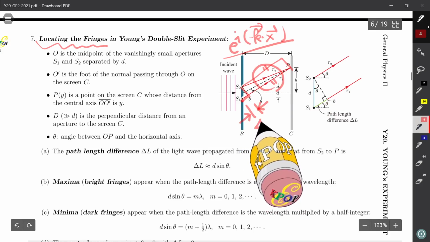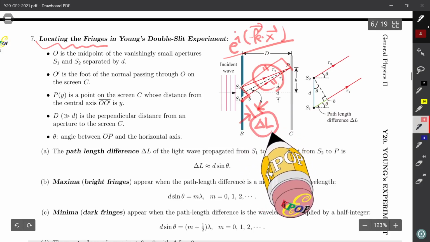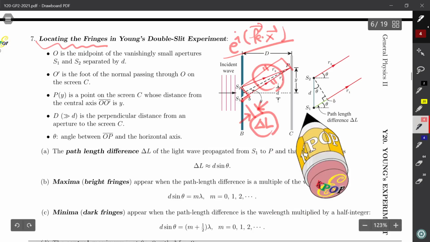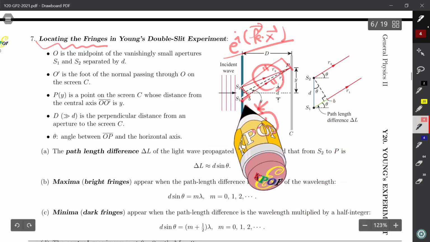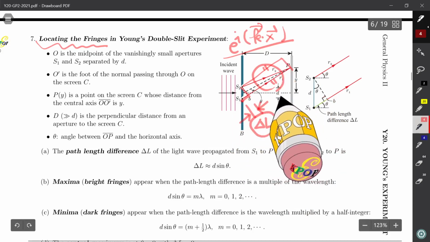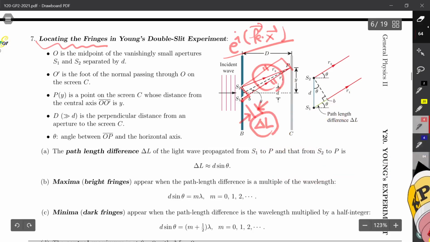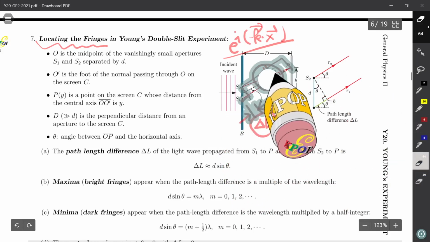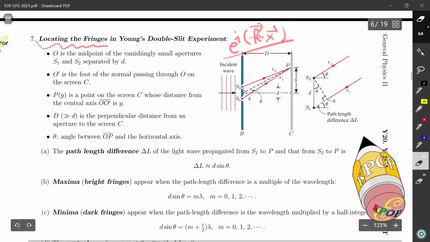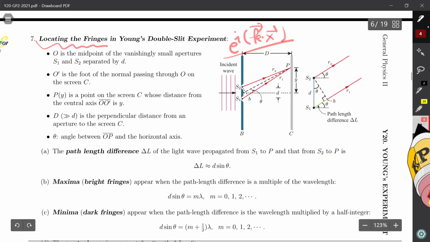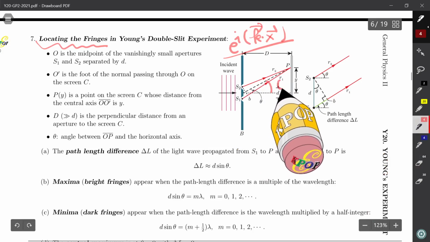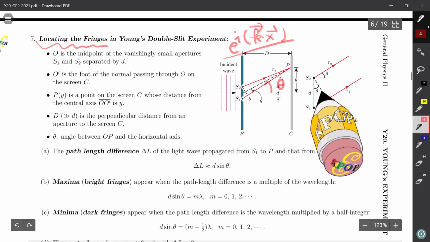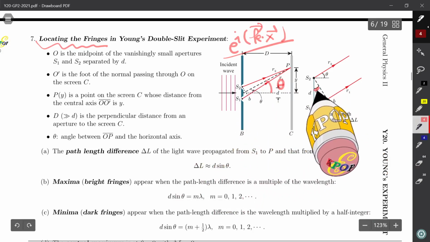This path length difference is called delta L. And if we magnify this tiny triangle, we have angle theta. This is the angle theta, and this angle is also theta.